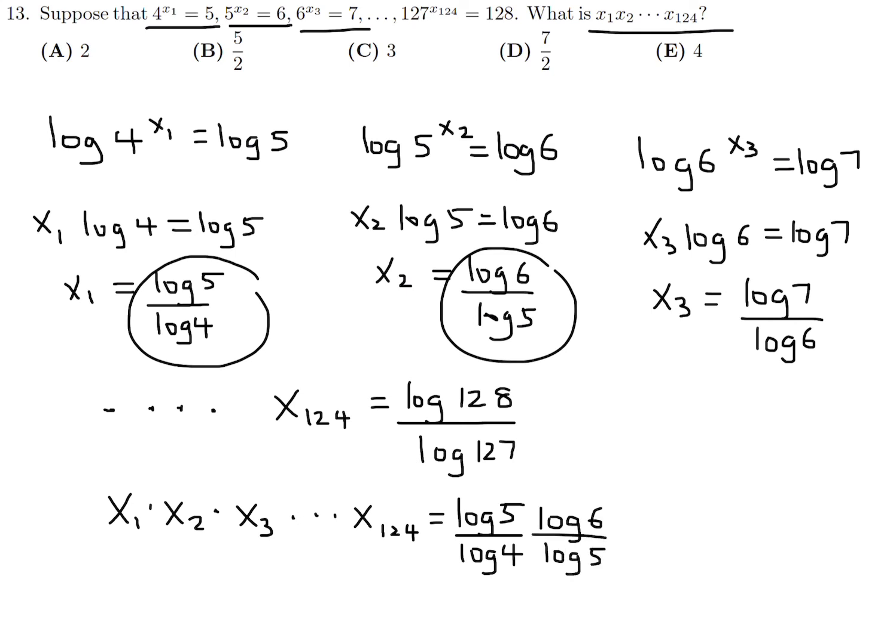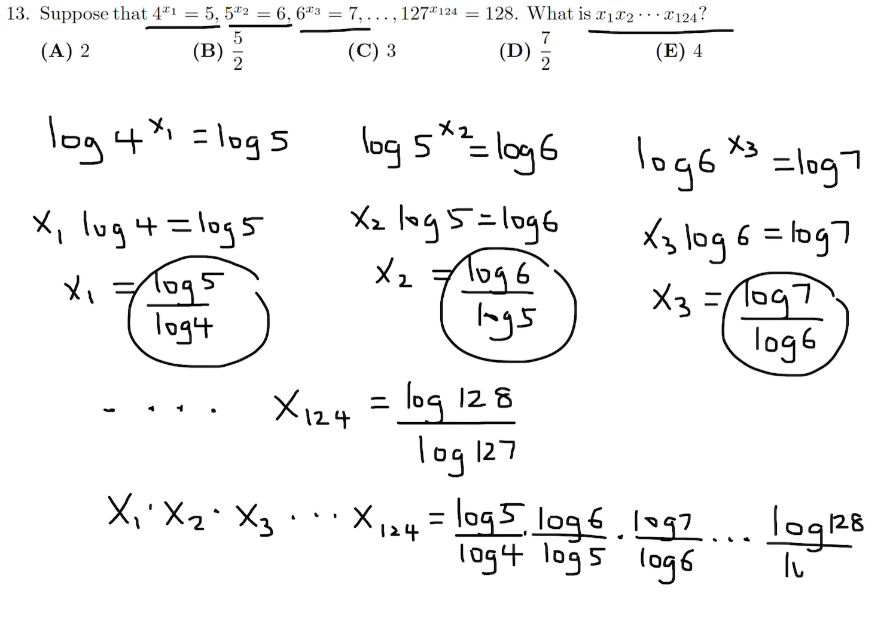These are all multiplications, right? x3, log of 7 over the log of 6, dot, dot, dot, all the way till the very last one, which would be x124, which is the log of 128 over the log of 127, like that.